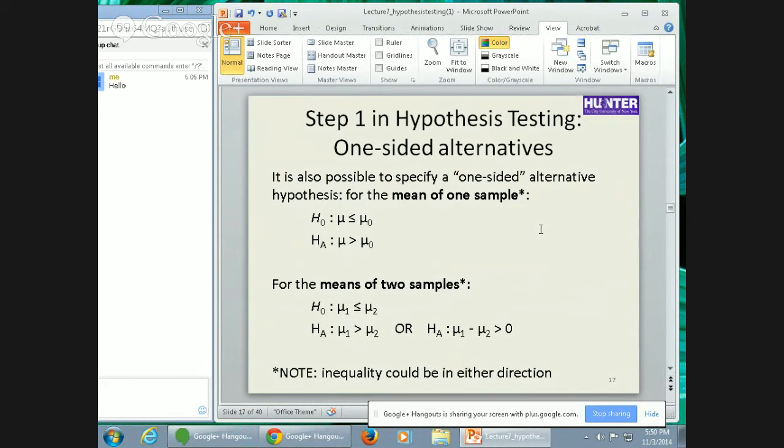So in that RCT example, they certainly performed the study hoping that treatment would improve the rates of anemia. So why don't they do a one-sided hypothesis there, since their preferred hypothesis clearly is that the rate of anemia in the treatment group will be less than in the control group.